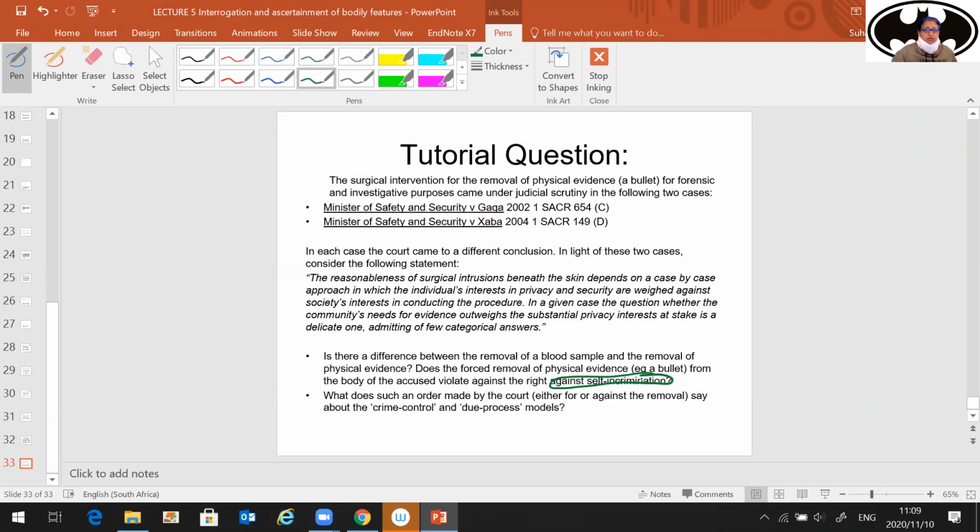Is the removal of physical evidence, something lodged, testamentary or non-testamentary? Because when you look at the articles and the notes that discuss what is a testamentary utterance and what the right against self-incrimination actually means, that is a very, very important question.